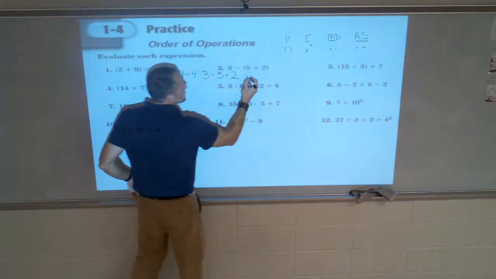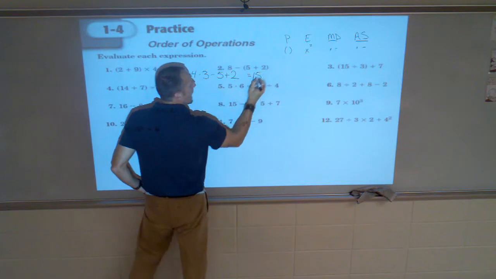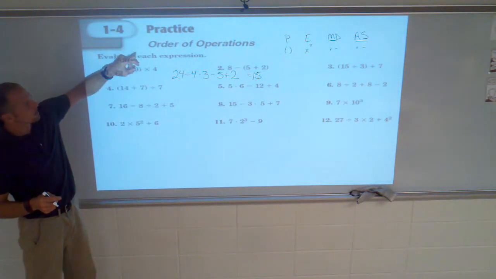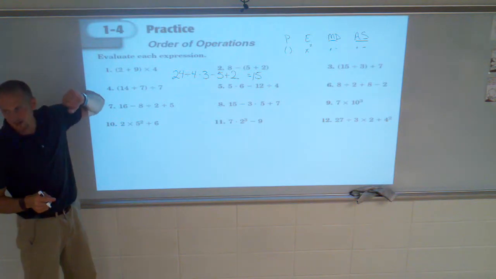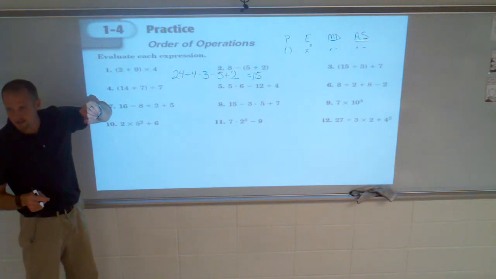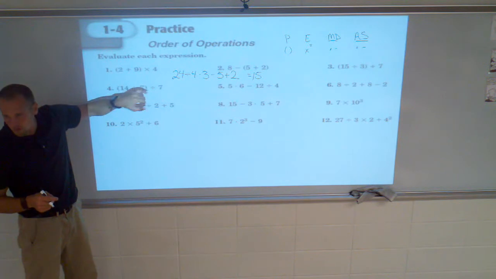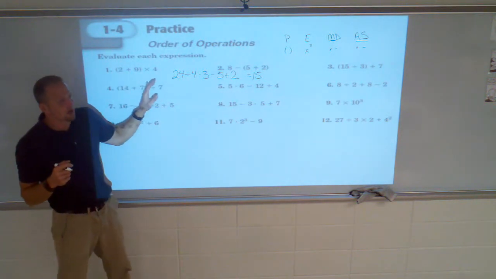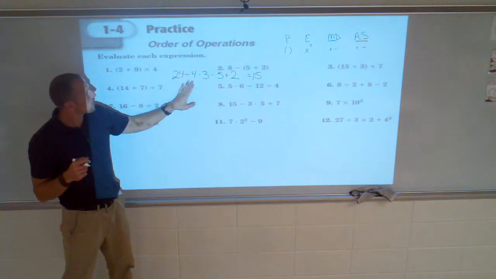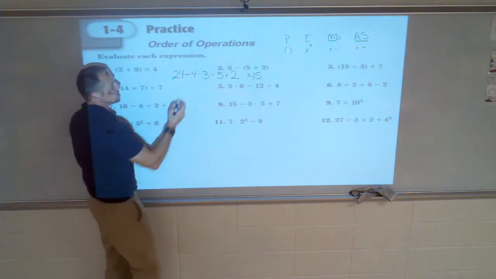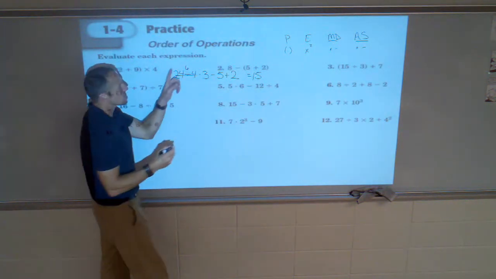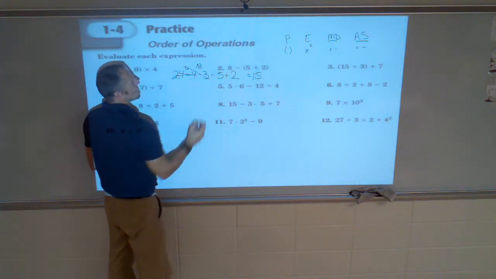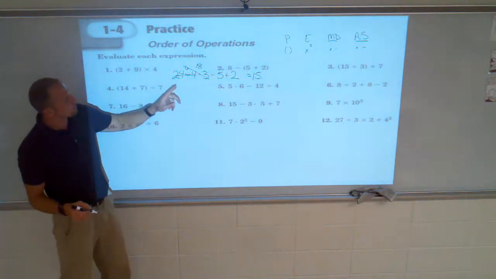Your answer is 15. If you did not get that, make sure you pay attention here. There are no parentheses, all right? Are there any exponents? No. Multiply, divide? Yes. Okay, work it left to right. 24 divided by 4 is 6. 6 times 3 is 18. Now, we are done with multiply, divide.